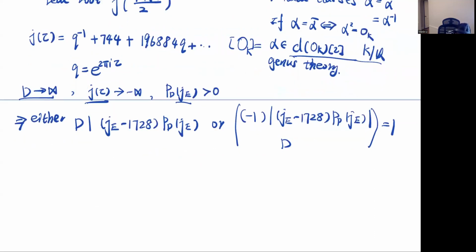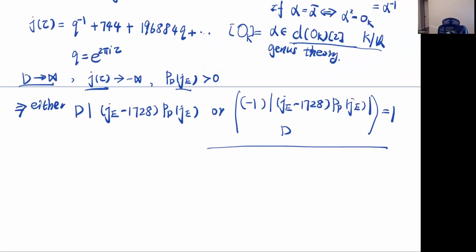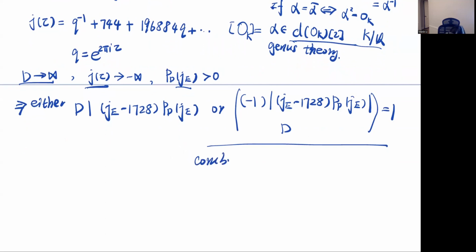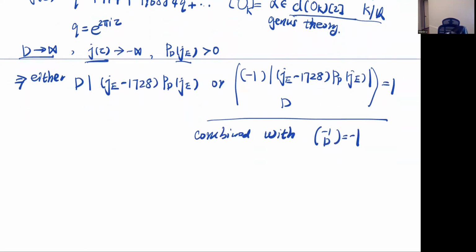Now in this case, combined with the punchline that the symbol of minus D was minus 1, the absolute value of JE minus 1728 times PD of JE, over D, is actually minus 1.